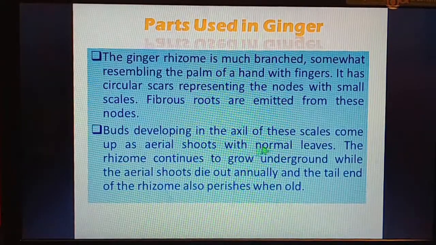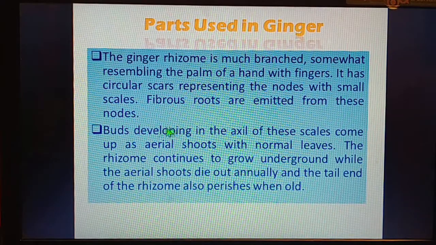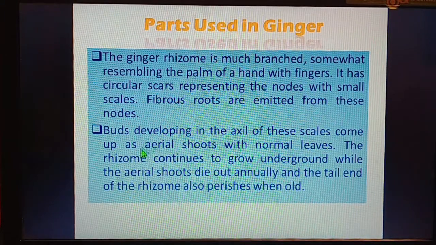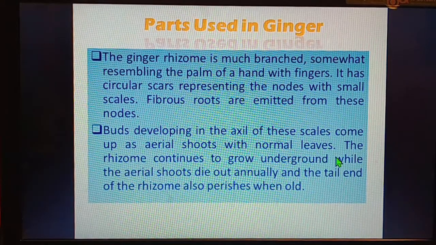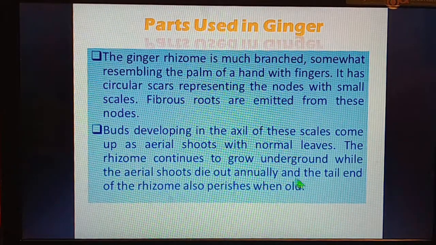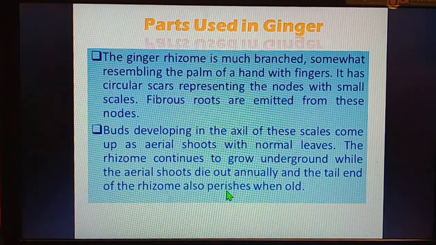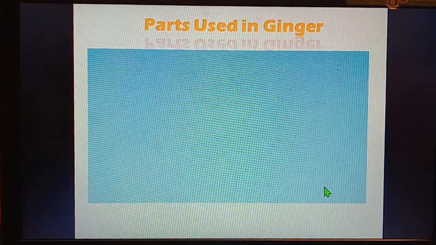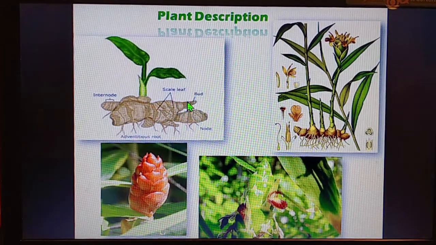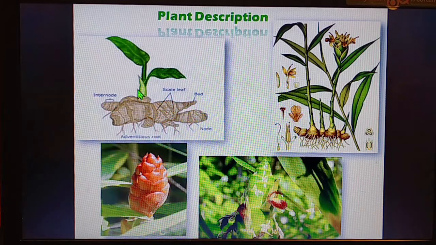The buds developing in the axil of these scales come up as aerial shoots with normal leaves. The rhizome continues to grow underground while the aerial shoots die out annually, and the tail end of the rhizome also perishes when old. Again, if you see here, from the scale leaf or the node, this is a bud coming out, and this is another bud, and from this bud normal leaves are coming out.